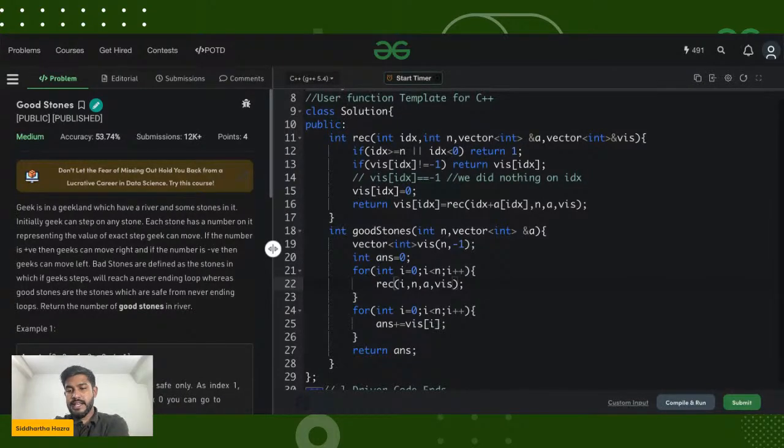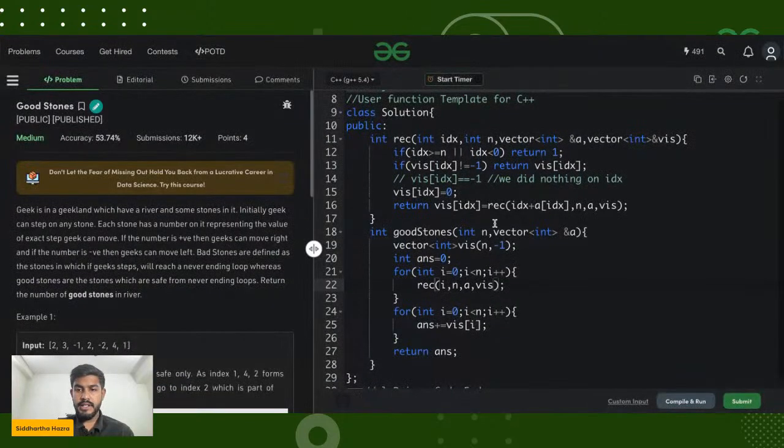That means we are in a cycle. So we are not marking it as a bad stone. So, why are we not? So a visited array is equal to 0, when the visited array is equal to 0.